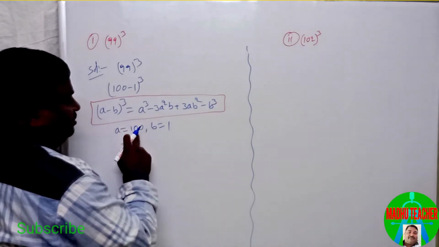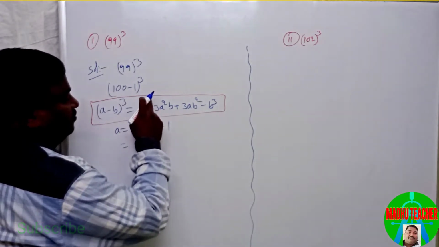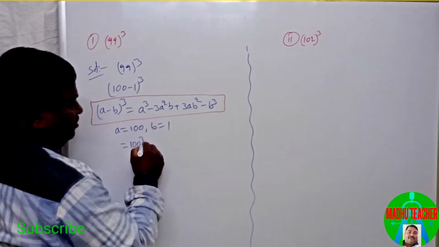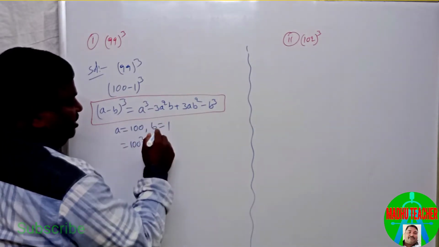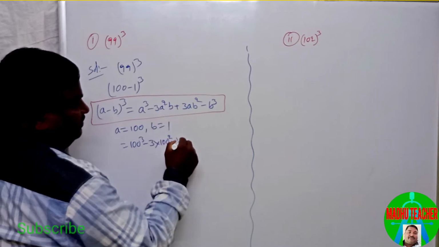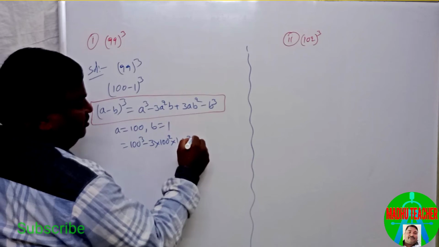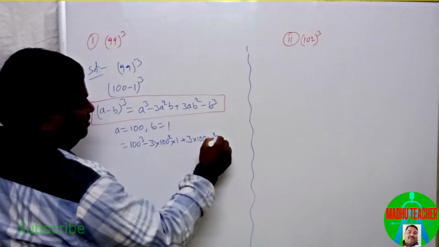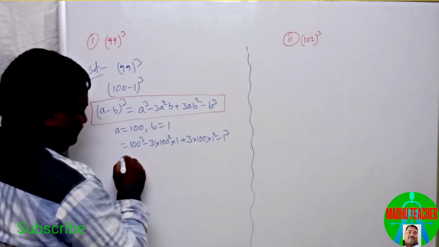So substituting a equal to 100 and b equal to 1 at right side, that is a cube, 100 cube, minus 3 into a square, that is 100 square, into b, that is 1, plus 3 into a, 100, into b square, that is 1 square, minus b cube, 1 cube.